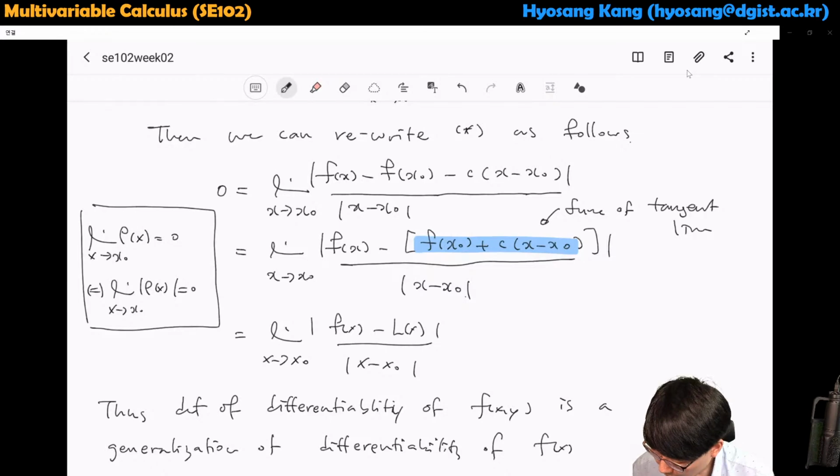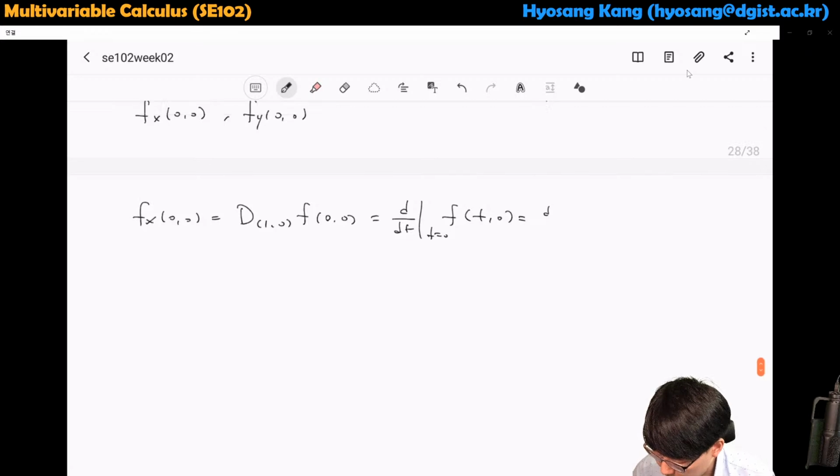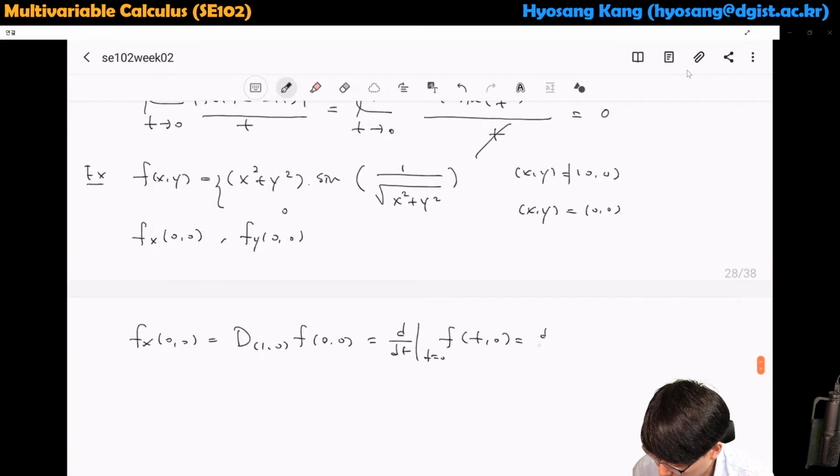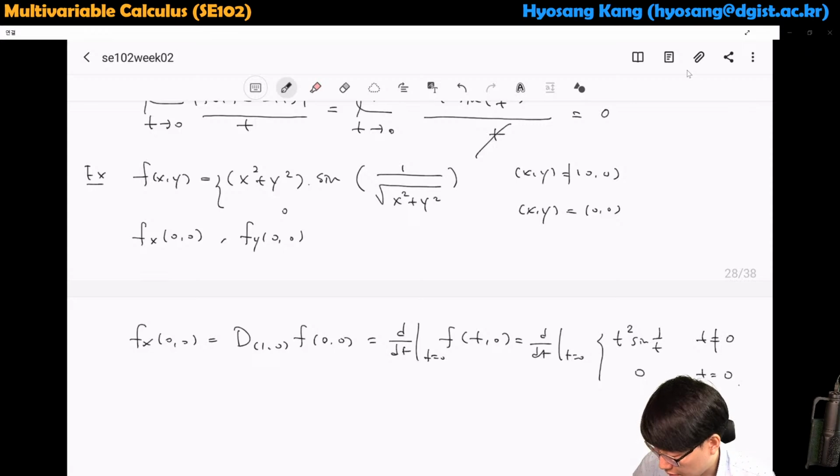Okay, so let's compute these two values here. We have d/dt at t equals 0 of the function t squared sine 1 over t. Actually we need the entire formula: t squared sine 1 over t when t is not 0, and 0 when t equals 0.